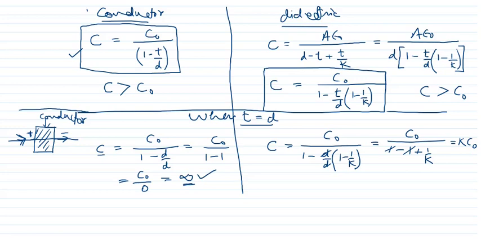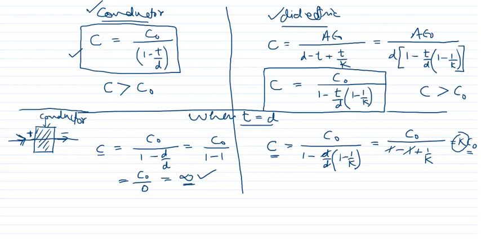Clear? So in this case we can't fill the plates of a capacitor with a conductor completely, but in the case of a dielectric we can completely fill it, and depending upon the value of the dielectric constant the capacitance increases. If you read about capacitors, you must have seen capacitors filled with mica, paper, wax, oil.